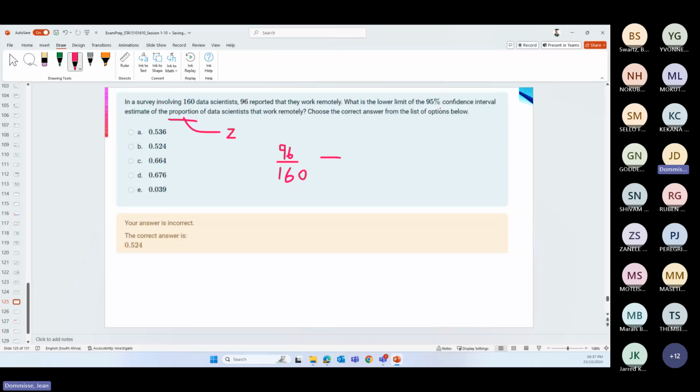Then it is the Z, but again, we're working with 95%, so we can automatically say 1.96, and then it is multiplied by the standard error component of the proportion. So 96 divided by 160 is 0.6, and it is 1 minus 0.6, which is 0.4, divided by n, which is 160, and then the square root of that.